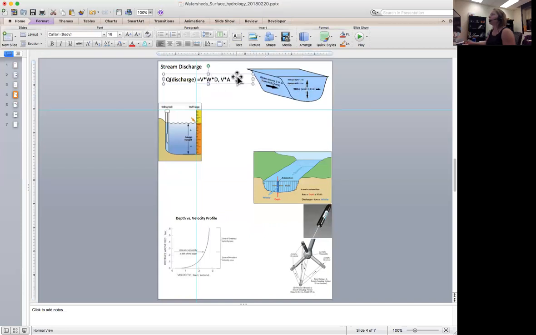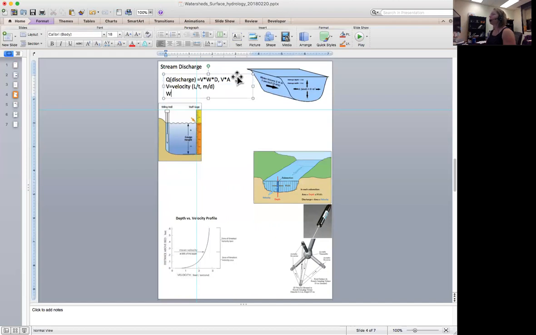So let's just say again, V equals velocity. That velocity is going to be at some kind of rate, so it's some kind of length per time, like meters per day.